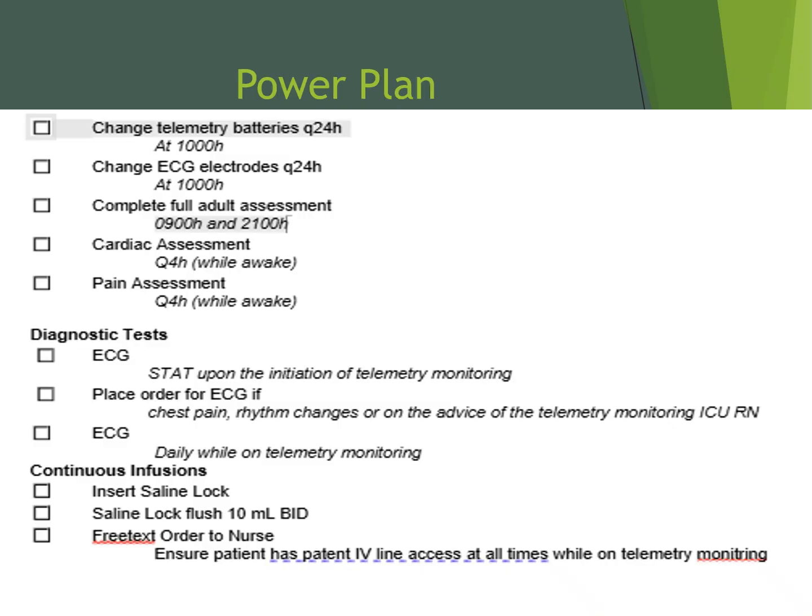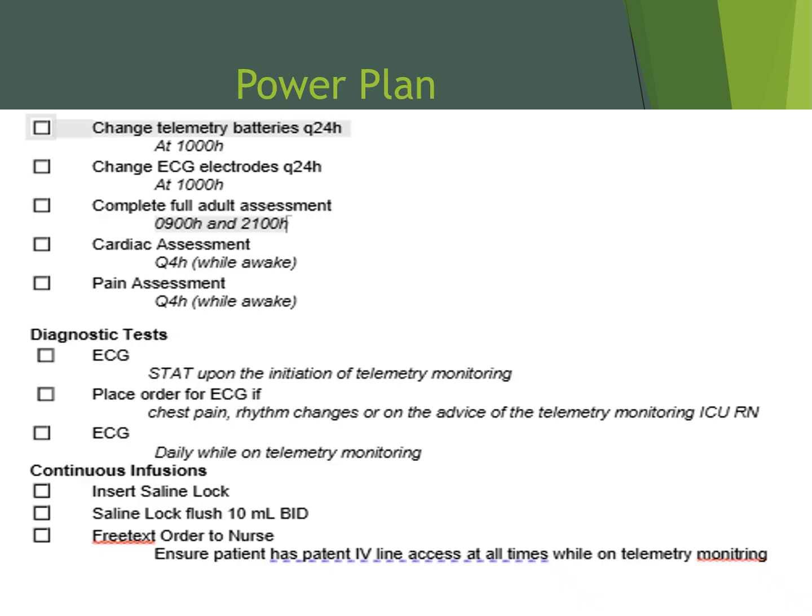It will be important for the MRP to order satellite telemetry monitoring using the power plan because it also includes nurses' tasks to change the telemetry batteries and ECG electrodes every 24 hours. For diagnostic tests, the ECG stat upon the initiation of telemetry monitoring will be pre-ticked, as well as the place order for ECG if chest pain, rhythm changes, or on the advice of the telemetry monitoring ICU nurse.